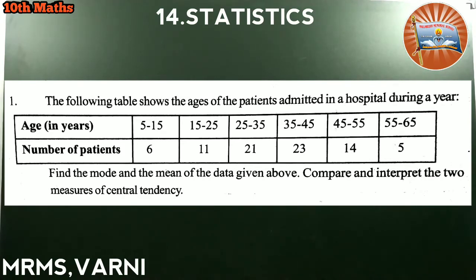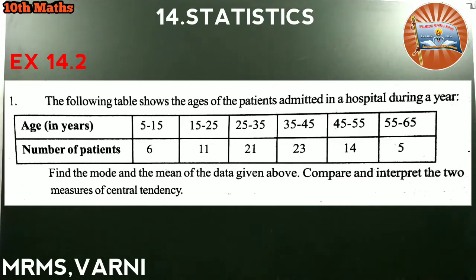The following table shows the ages of the patients admitted in a hospital during a year. So given ages and number of patients admitted. 5 to 15 age, 6 patients; 15 to 25 age, 11 patients; 25 to 35, 21 patients; 35 to 45 age, 23 patients; 45 to 55 age, 14 patients; 55 to 65 age, 5 patients admitted in a year.